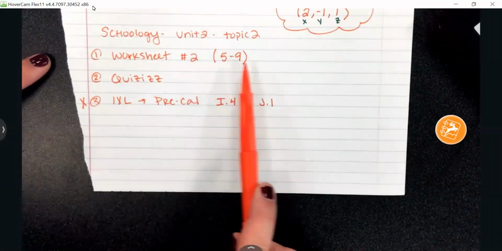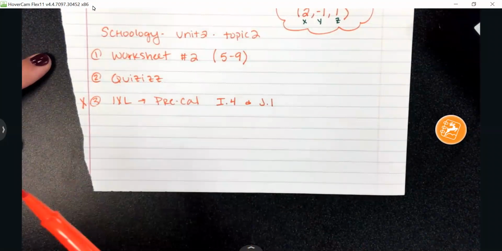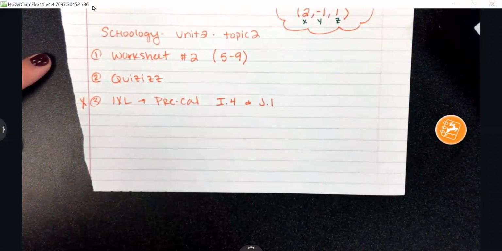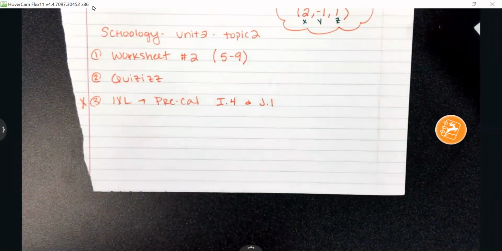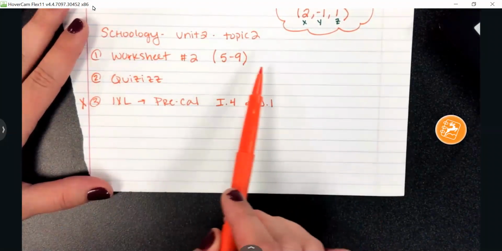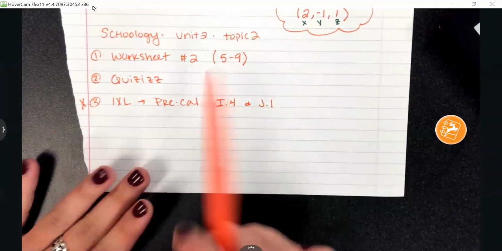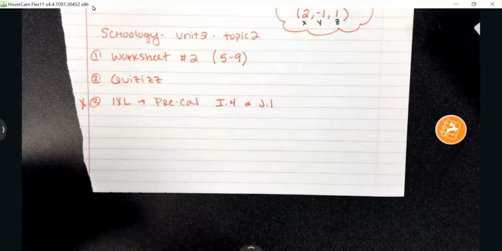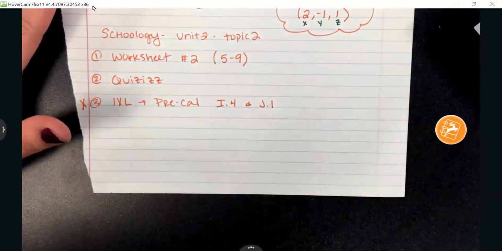If you finish this worksheet, 5 through 9, you may go start on your homework for the week. There are 3 things in there. And a lot of you did not get passing grades on your homework last week because you chose not to do it. So I would do this. If you finish this and you understand it, then you may go get started on your homework. But one of these 2 needs to be finished before your homework.